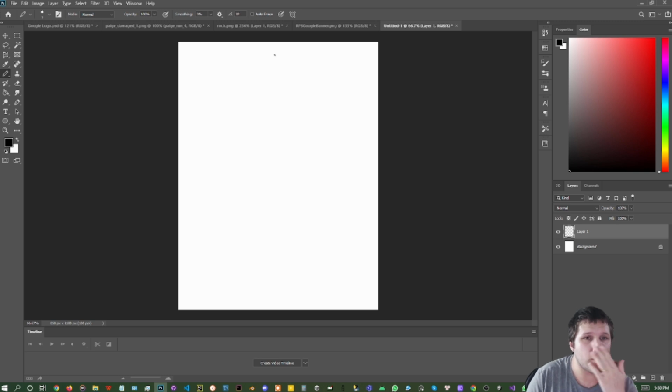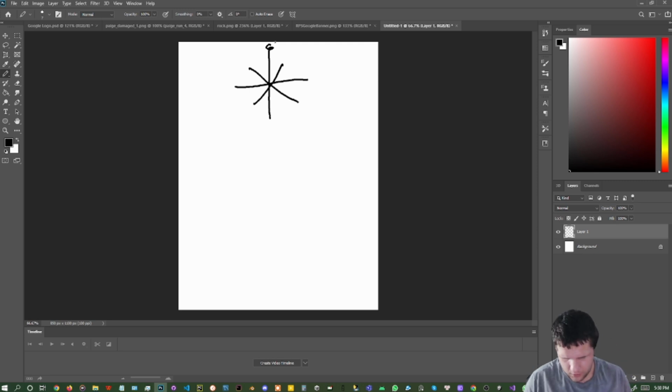So we already know that we need to rotate the z-axis, with this being 0, this being 180, this being 90, and this being 270.